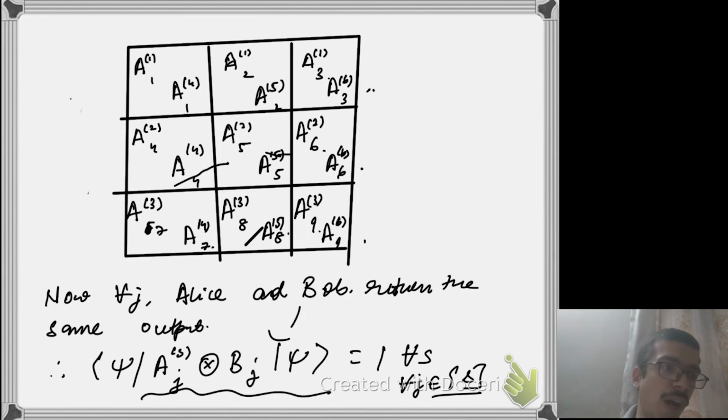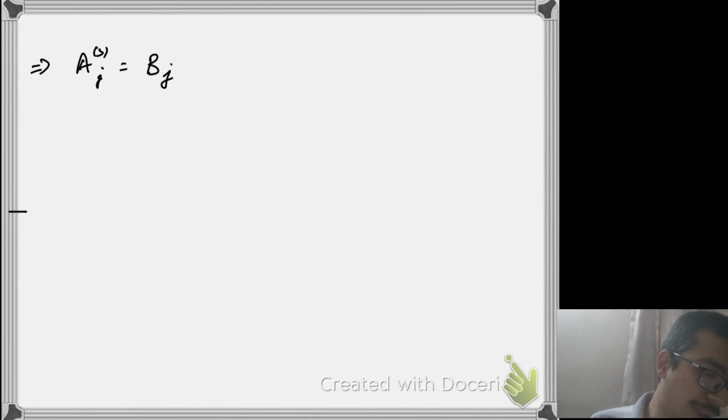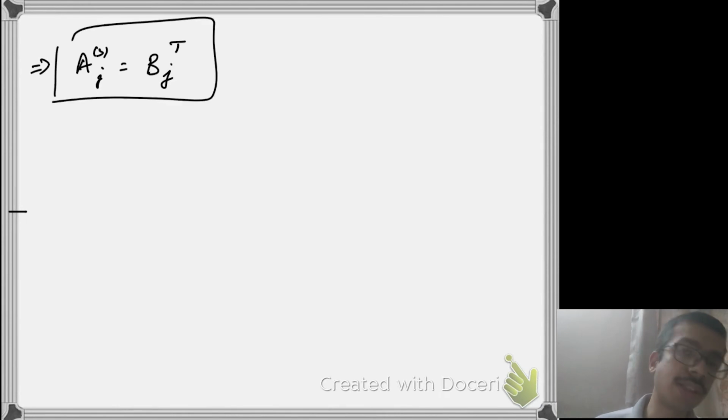And now we have already seen a result that if you have such a thing which is equal to 1 and psi is full Schmidt rank, then from a lemma which we have seen, we must have A_S^J equals B^J transpose. This is the lemma which we discussed in the last lecture, and here we are making the assumption that psi is full Schmidt rank.